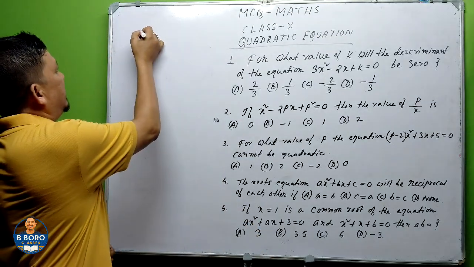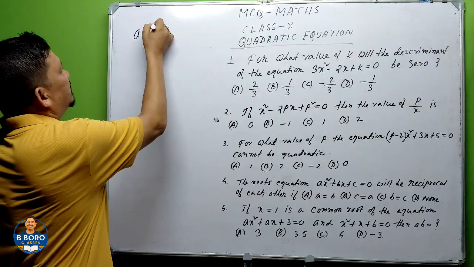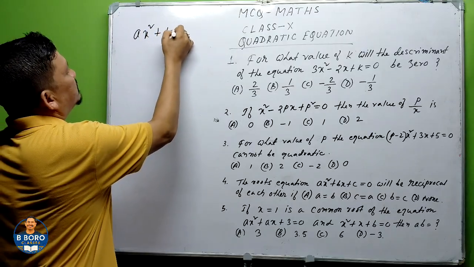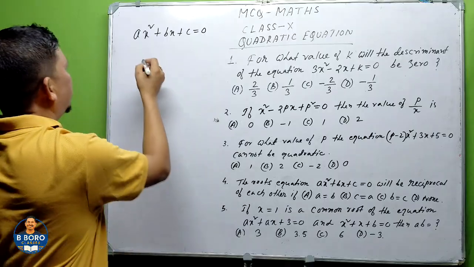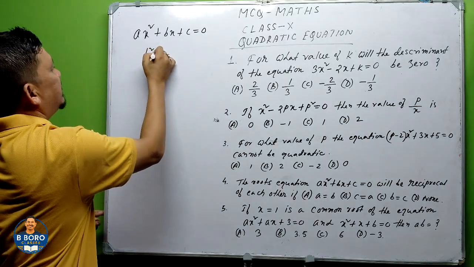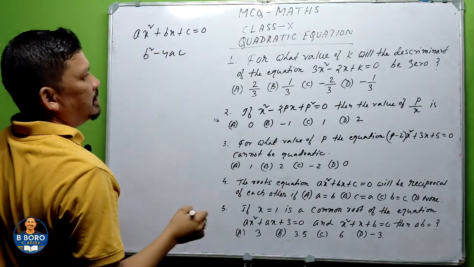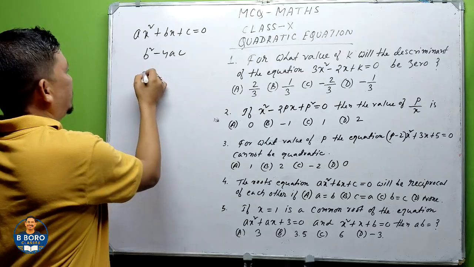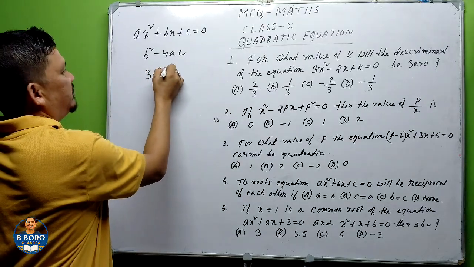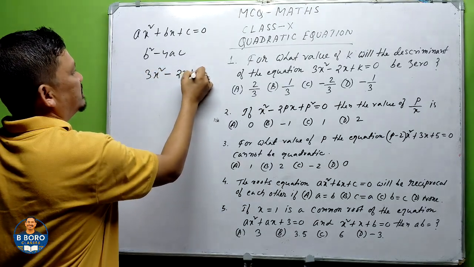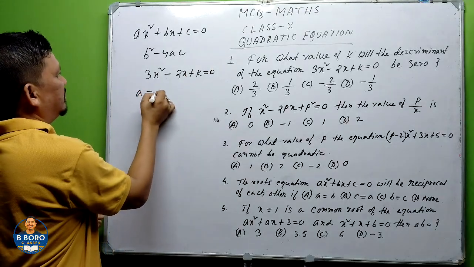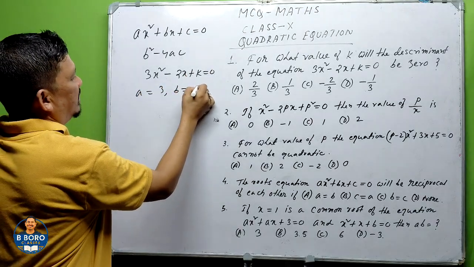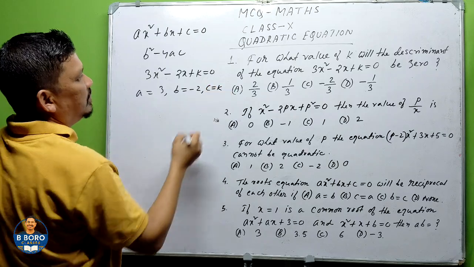Everybody see here. A quadratic equation is of the form ax square plus bx plus c equal to 0. And the discriminant of a quadratic equation means b square minus 4ac. Now if we observe, our quadratic equation is 3x square minus 2x plus k equal to 0. So here a equal to 3, b equal to minus 2, c equal to k.